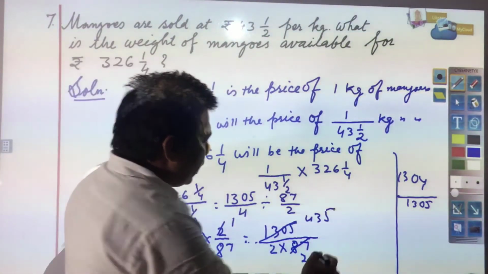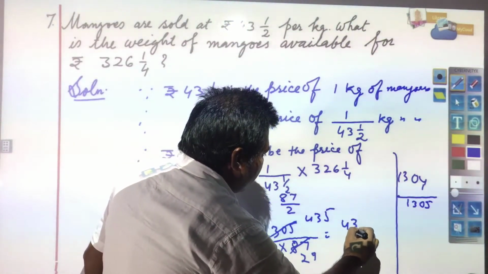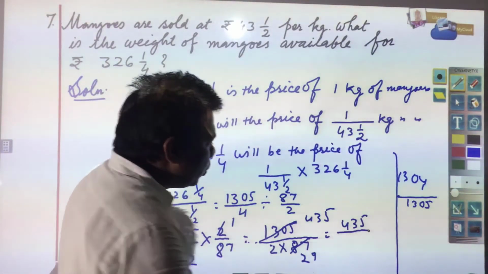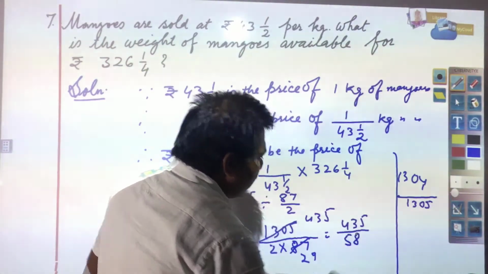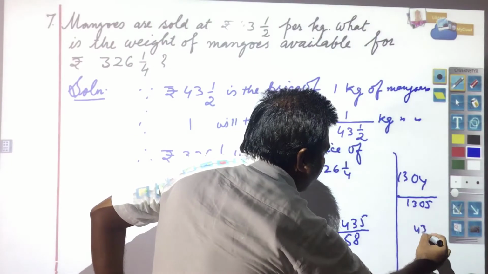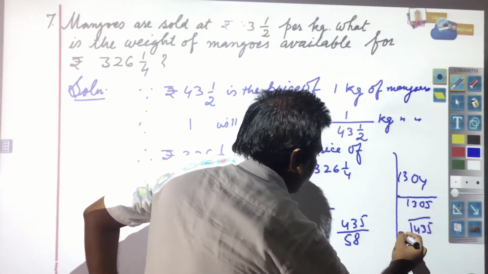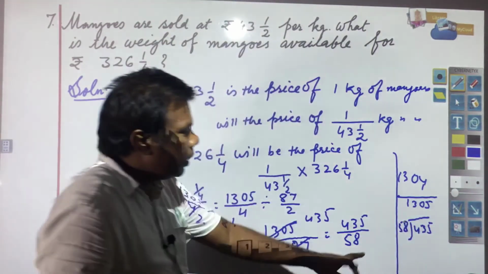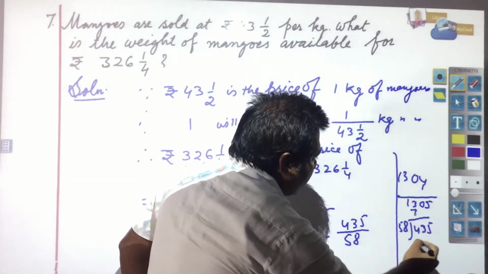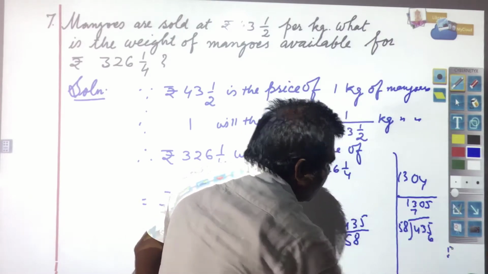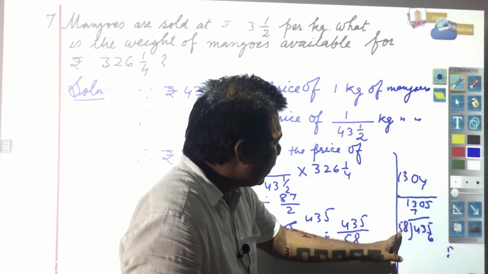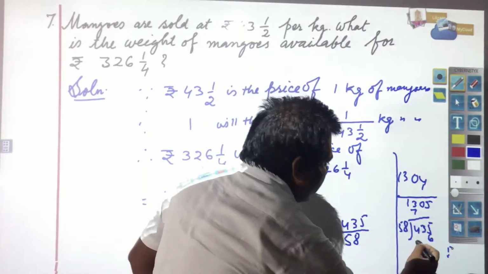Now you are left with 435 divided by 29 into 2, that is 58. Now you divide this number 435 by 58. How many times will it go? You try 7 times, 56, and 7 fives are 35 and 5 is 40.